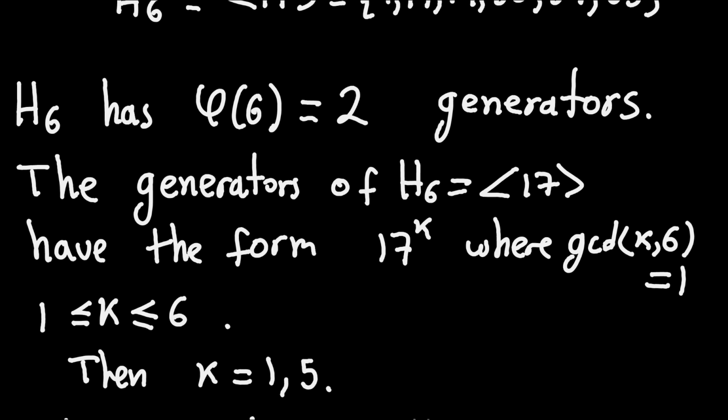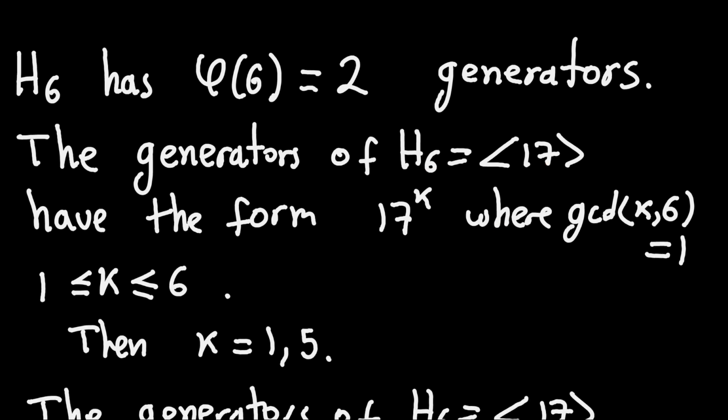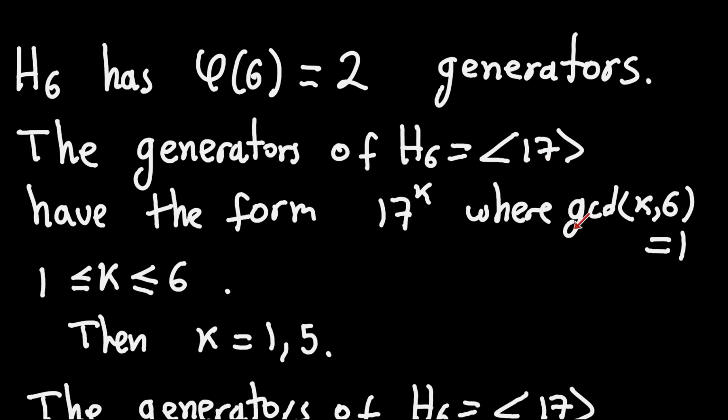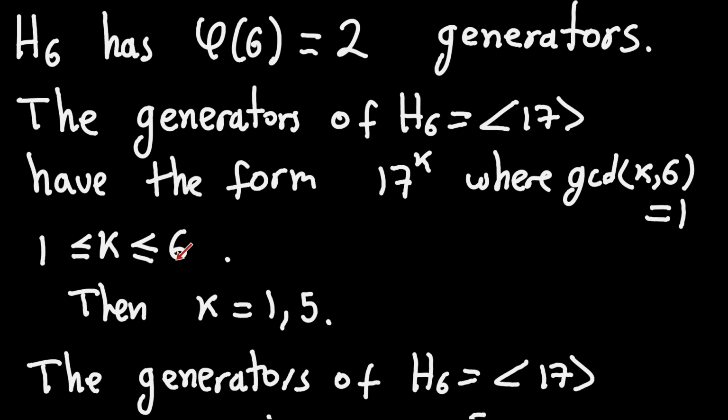So the generators of H6, because it's cyclic, have the form 17 to the k, where k is a natural number whose greatest common divisor with 6 is 1. Why 6? Because 6 is the number of elements of the subgroup, and k is between 1 and 6.